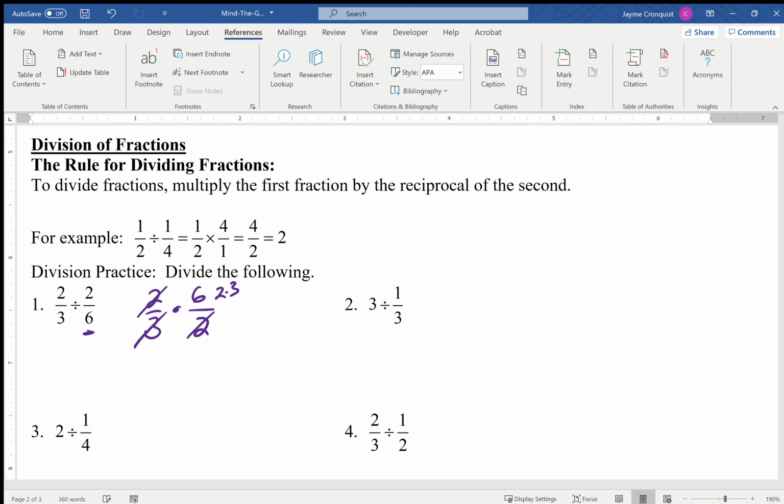All right, one more set. Flip and multiply. 7 over 9 times 27 is 3 times 9 over 8. 3 times 7 is 21, so I have 21 over 8.